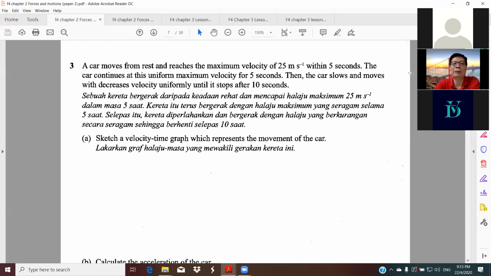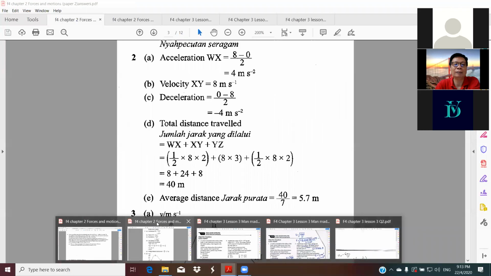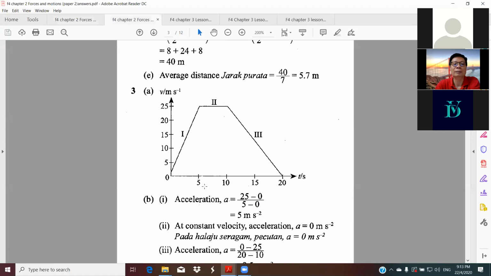Then the car slows down again. So the graph here: 5 seconds reach 25, then travel with uniform velocity of 25 for another 5 seconds.